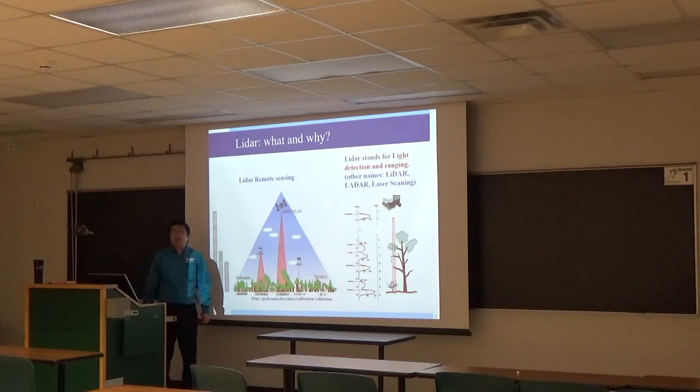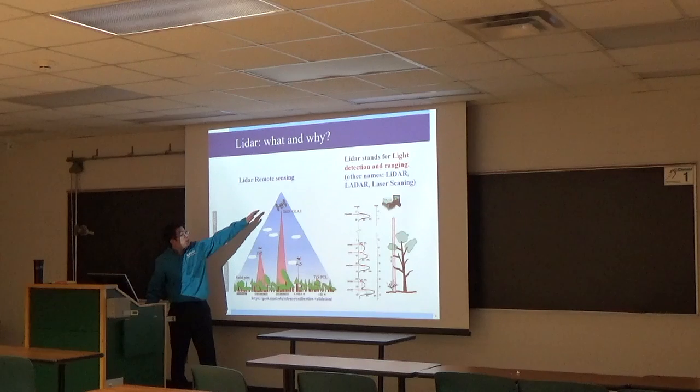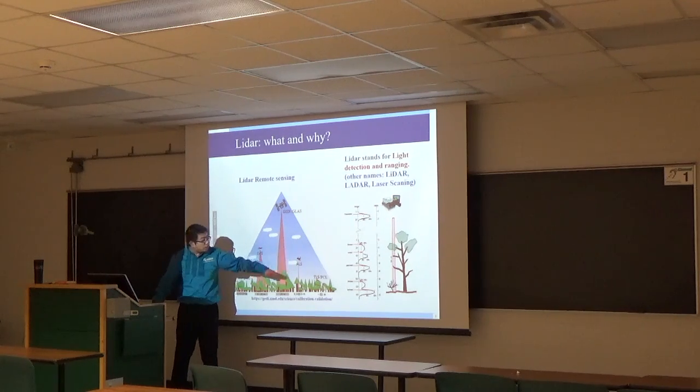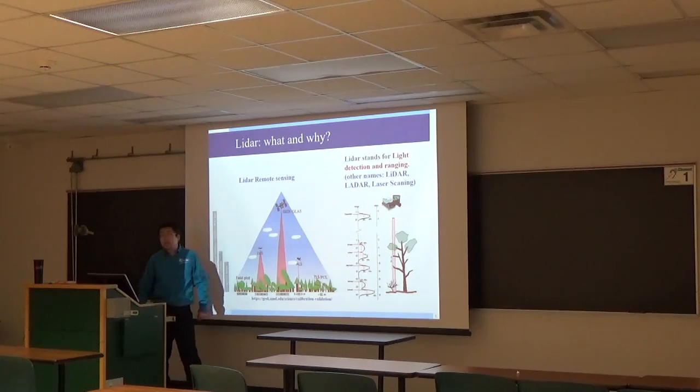And there are a lot of types of LiDAR. From space, we have spaceborne LiDAR, and if we go a little lower, we have the space shuttles and the airborne LiDAR. If we go to the ground, we have scanning lasers, and also the PCL, the profiling canopy lidar.